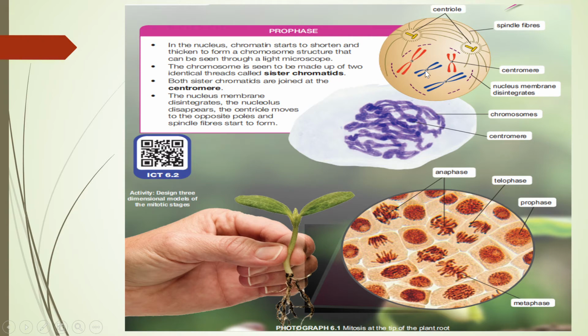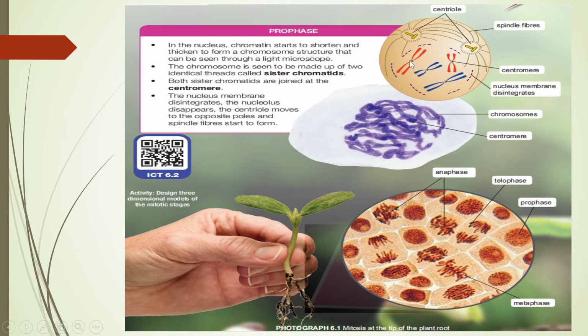So you have to know how to count the number of chromosomes in a cell. The tip is that you count the centromere. So 1, 2, 3, 4. In this cell, this cell contains 4 chromosomes. Usually students don't know how to count the number of chromosomes.